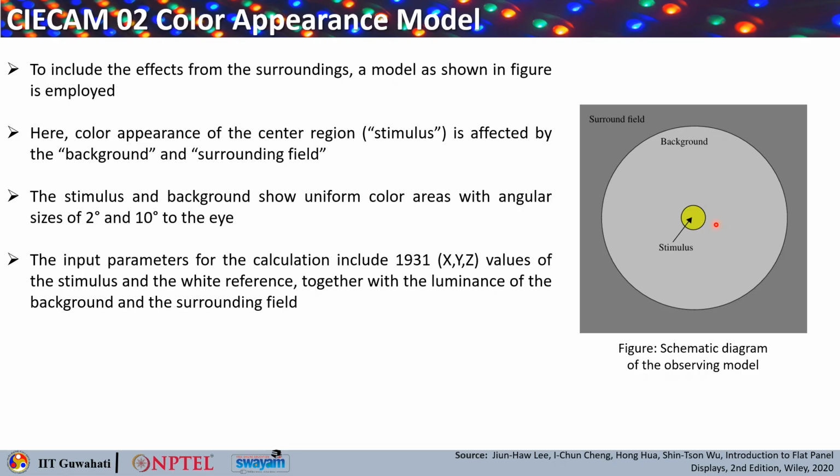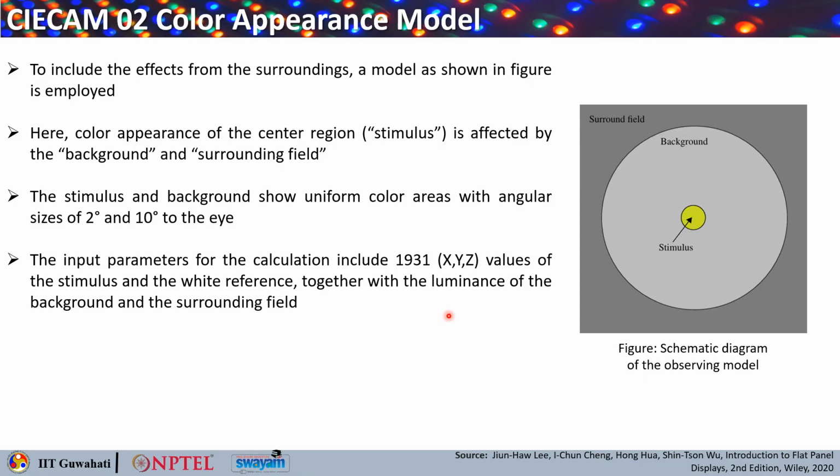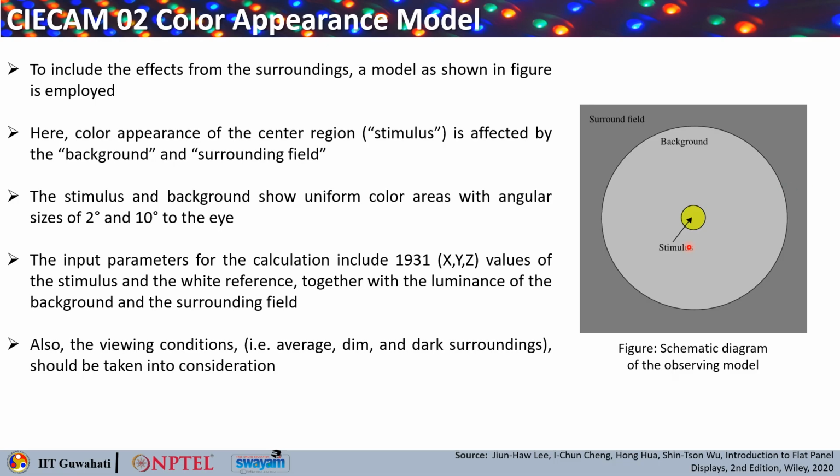Now, the input parameters for the calculation that is considered inside the CIE 1931 XYZ color system, they are the values of the stimulus and the white reference that are considered together with the luminance of the background and the surrounding field. Also, here the viewing conditions, like whether it is average, dim or dark surrounding, should also be taken into account.